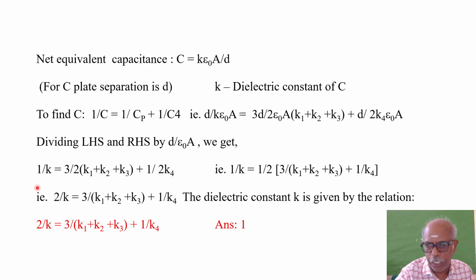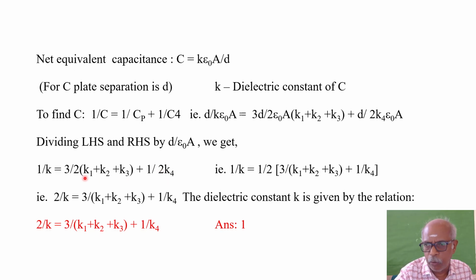Finally you get 1 by K is equal to 3 by 2 into K1 plus K2 plus K3, plus 1 by 2K4. D cancels, epsilon naught A gets cancelled. So here also you are having 2 in the denominator, here also you have 2.